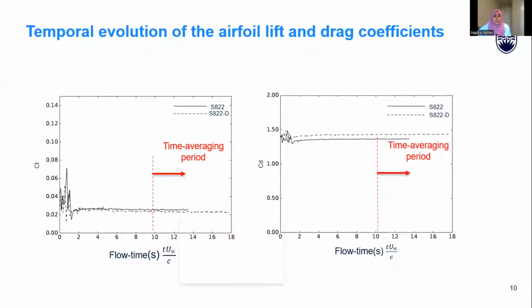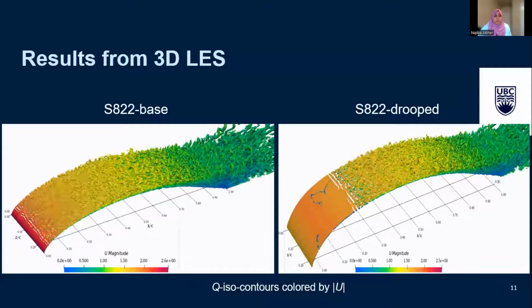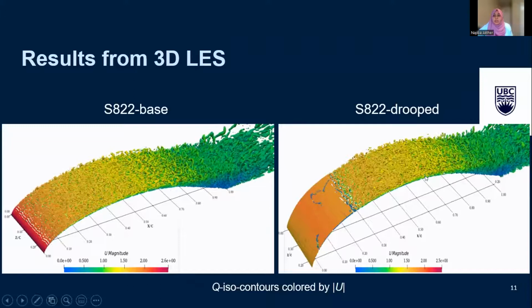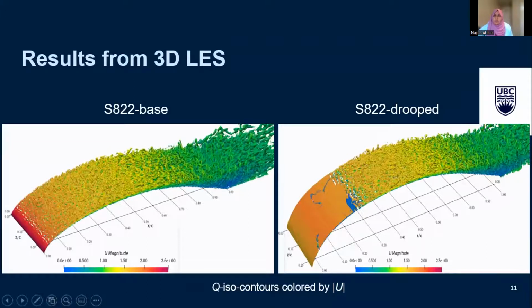The temporal variation of the lift and drag coefficients is represented by these figures. We average the values after 10 seconds of flow time for our further calculation. So at a glance, our results from the 3D LES are right here.